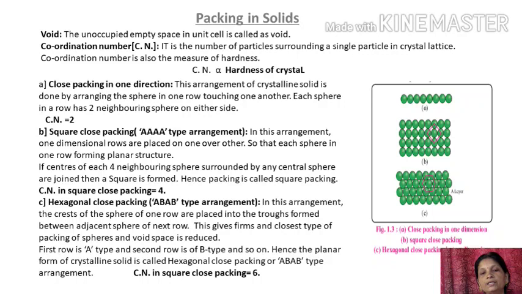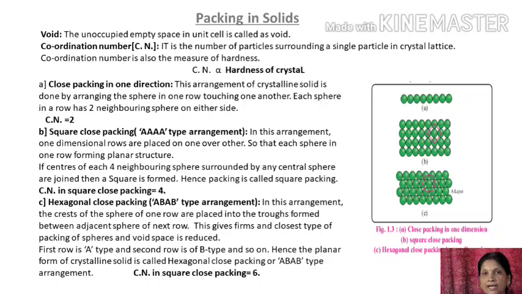The third one is hexagonal close packing, AB type arrangement. In this arrangement, the crests of the spheres of one row are placed into the troughs formed between adjacent spheres of the next row. This gives the firmest and closest type of packing of spheres, and void space is reduced.